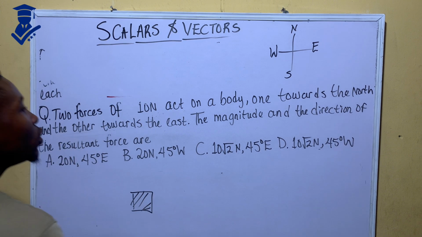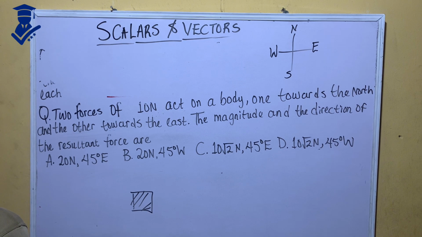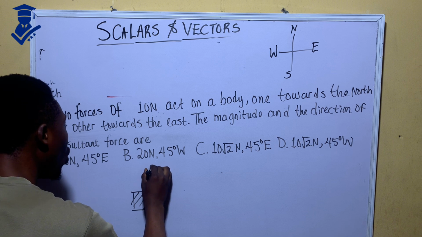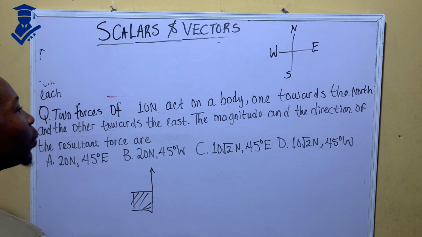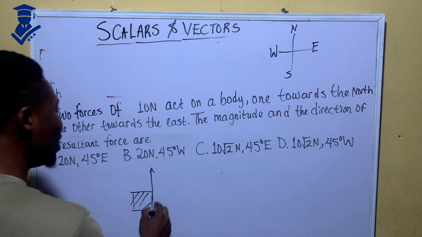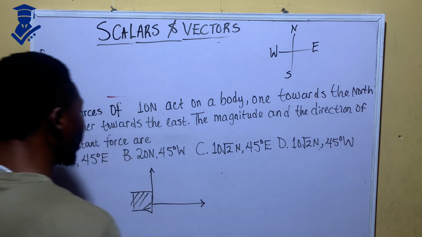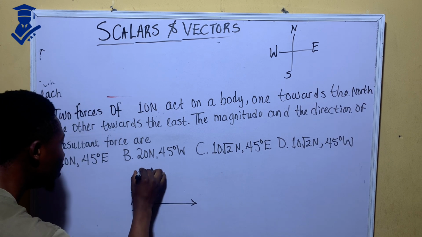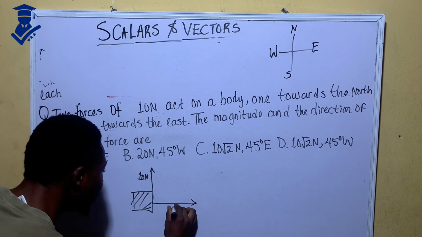So two forces act on this body, 10 Newtons towards the north and the other 10 Newtons towards the east.